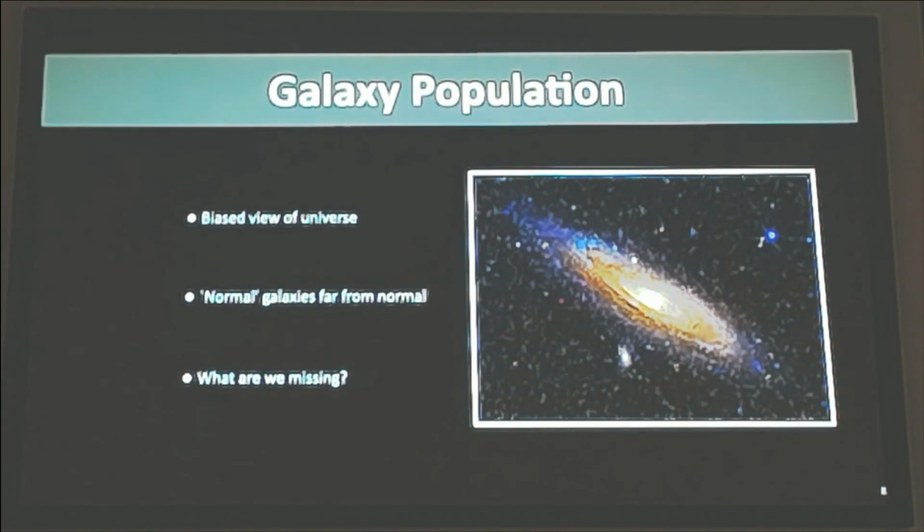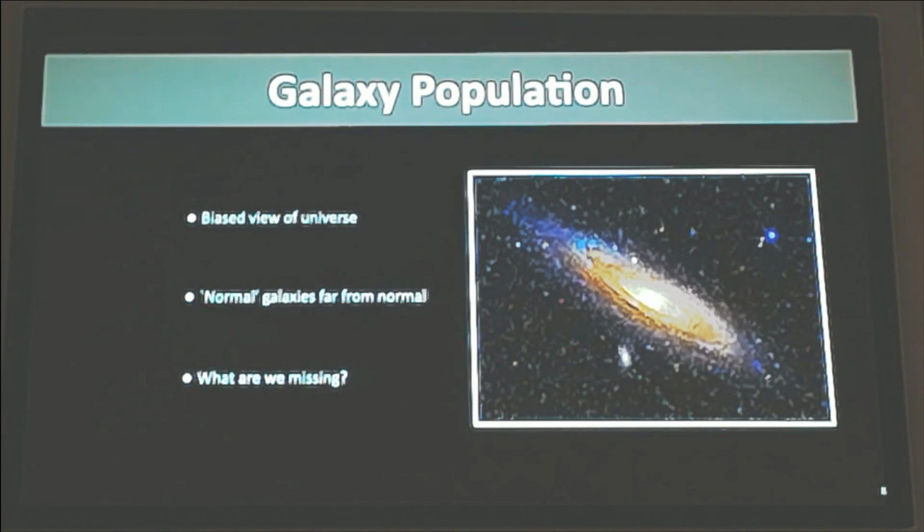So we seem to have a good handle on the morphology of galaxies, but there's a very important caveat. Namely, when we observe galaxies, it depends on two things: the brightness of the galaxy itself and the brightness of our sky. That might seem like an obvious statement, but it has a dramatic consequence.